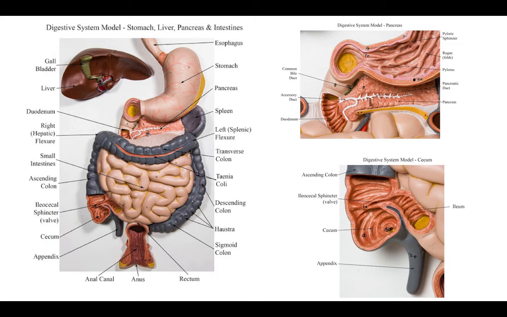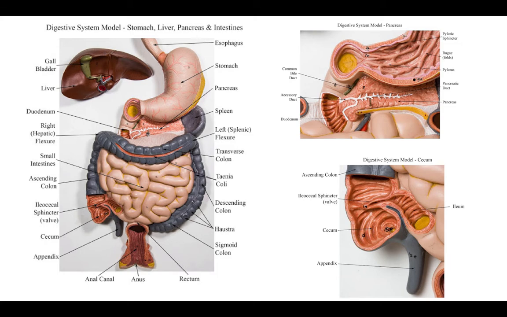The reason your small intestines are so long and folded is that this helps to maximize surface area for absorption of nutrients, which is the primary goal of the small intestine. That's why the small intestines are folded, long and narrow. We'll also talk about other ways in just a minute of how we can maximize that surface area for absorption of nutrients.